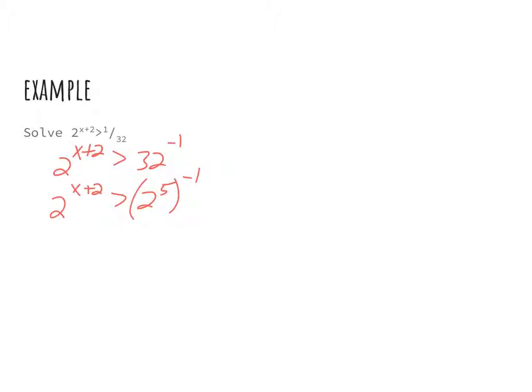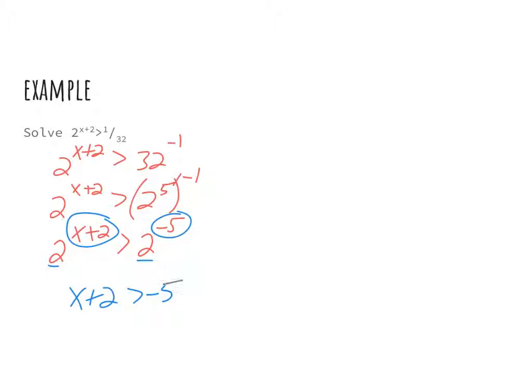So I've got 2 to the 5th raised to the negative 1 over there. Multiplying the exponents on the right side, I should get 2 raised to the x plus 2 is greater than 2 to the negative 5th power. Once my bases are the same, I can go to my exponents. I can say that x plus 2 is greater than negative 5. Solving for x, I subtract 2 from both sides, telling me that x needs to be greater than negative 7.